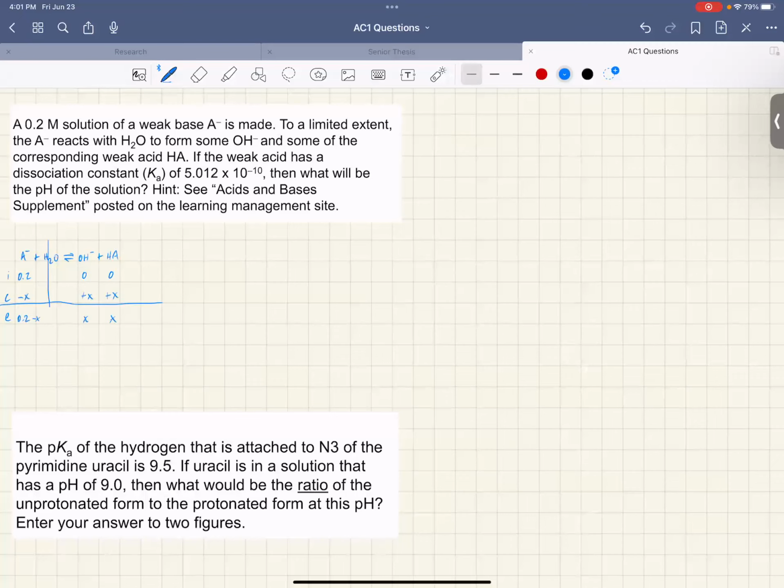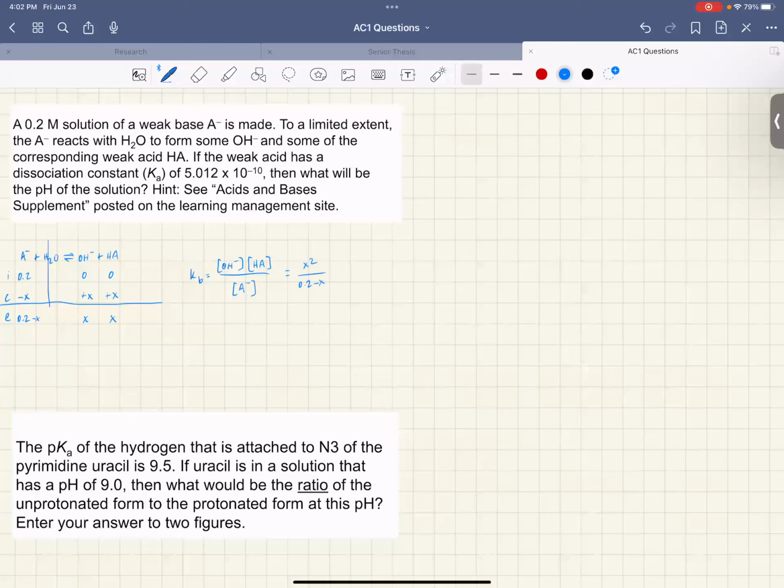So instead of a Ka, because this is a base dissociation, we have our Kb. And our Kb is going to be OH minus times HA over A minus. And so what that's going to simplify to is x squared over 0.2 minus x.